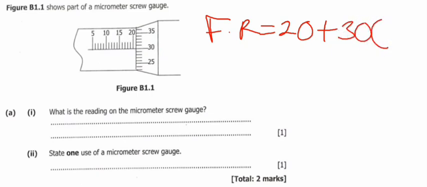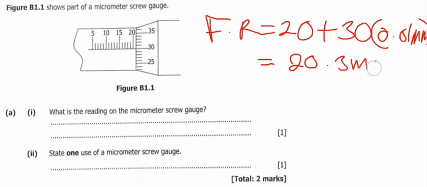Then multiply by the accuracy. The accuracy here is 0.01 millimeters. Right. Then after that, our final reading is just going to be 20.3 millimeters. Of course, here you're supposed to use a calculator when doing the computation.